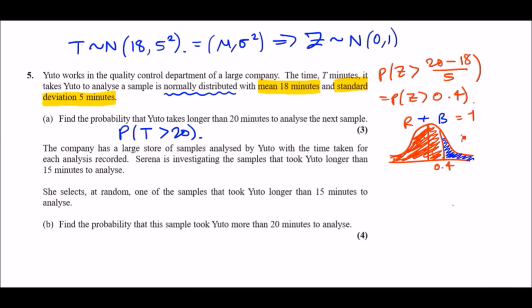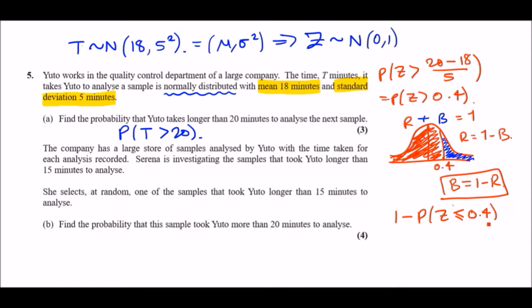So the red region is going to be 1 minus the blue region. Or in this case, because we have the blue, we can replace blue with 1 minus the red. That's the one we're going to use here. So instead of writing Z greater than 0.4, we can say the blue region is equal to 1 minus the red region, and red is less than or equal to 0.4. So 1 minus the probability Z is less than or equal to 0.4.